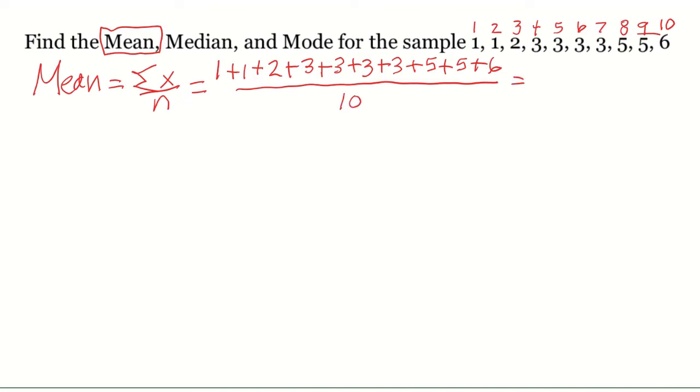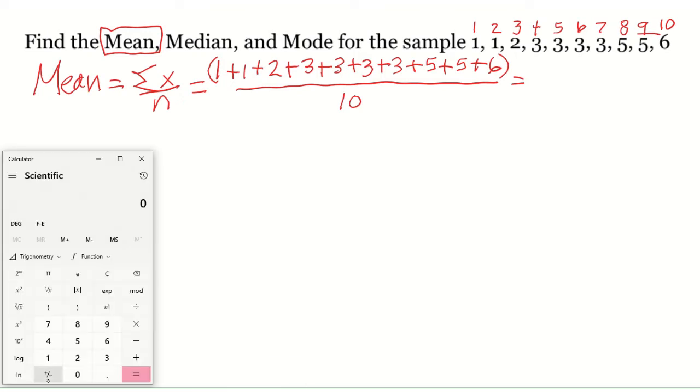So now I'm going to plug this into my scientific calculator. You want to remember, if you're using a calculator to add everything, you want to put parentheses around all of the functions of the numerator before you divide by the denominator. So let's go ahead and plug that into our calculator.